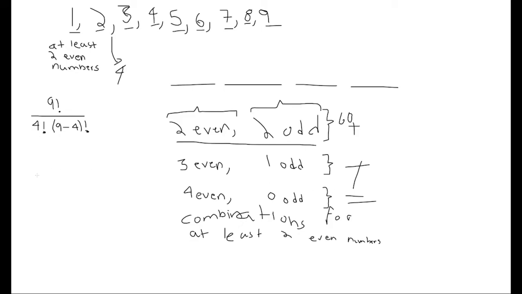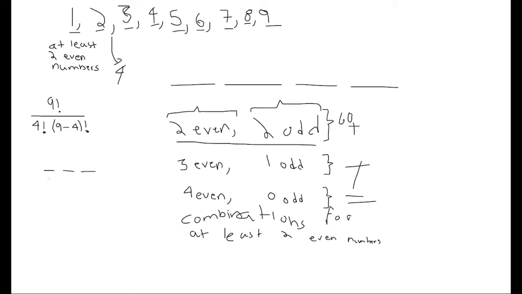Okay, so to calculate the number of different ways we can take out 3 even numbers from this group, we know that there are 4 even numbers, right? So we're taking a certain number of even numbers out of a group of 4, and then we're putting them into 3 positions, because there are 3 even numbers here.